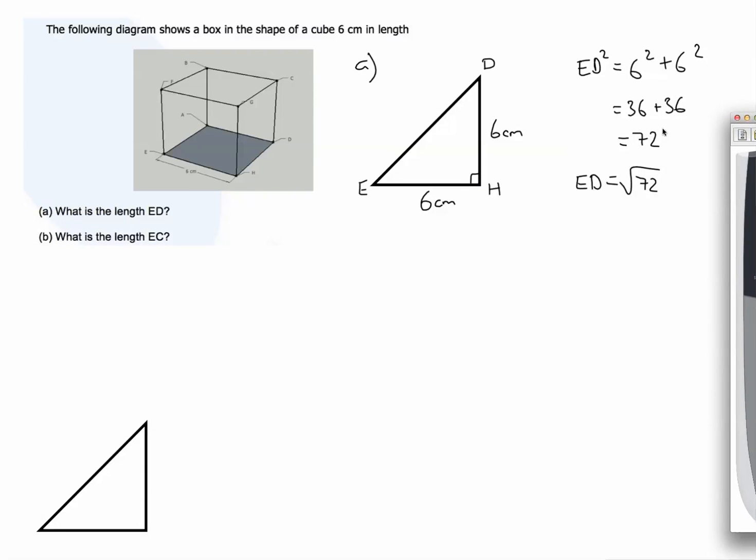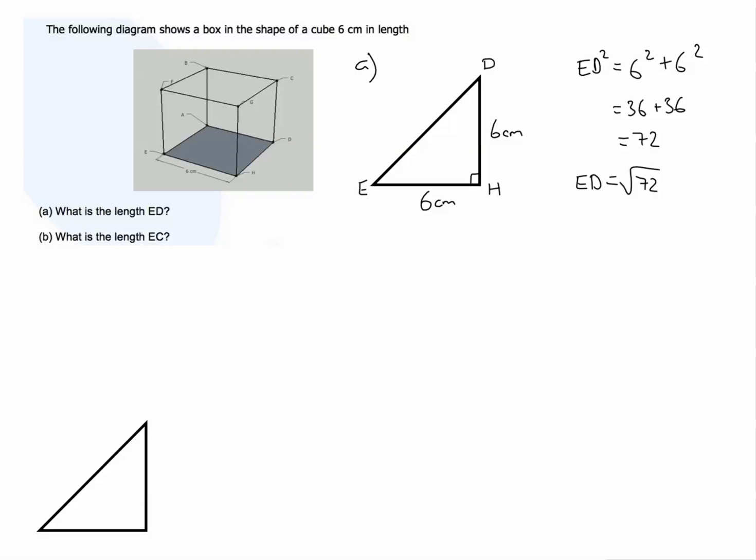And as ever, I recommend that you write the whole of your calculator display down as an answer. ED equals 8.485281374, and then round it to 3 significant figures, so you end up with 8.49 as your answer to 3 significant figures.